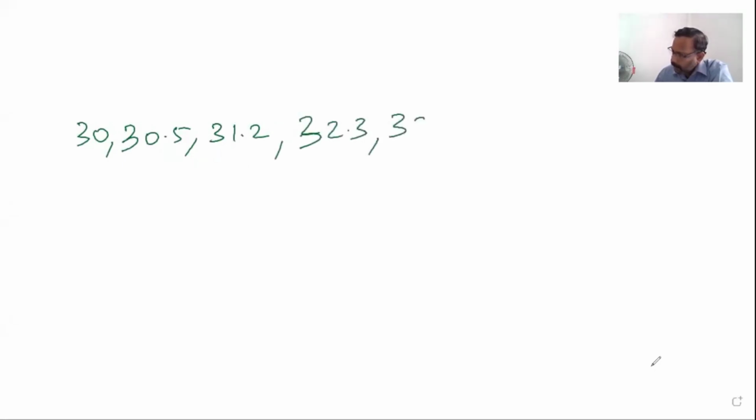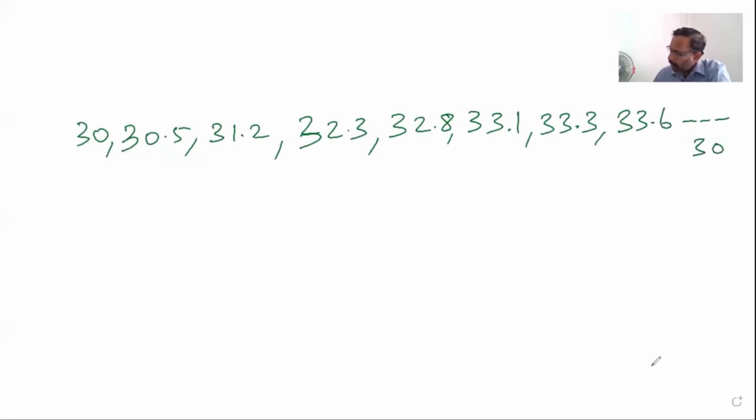I will start with 30, 30.5, 31.2, 32.3, 32.8, 33.1, 33.3, 33.6. Likewise, you put all the 30 cows in ascending order.